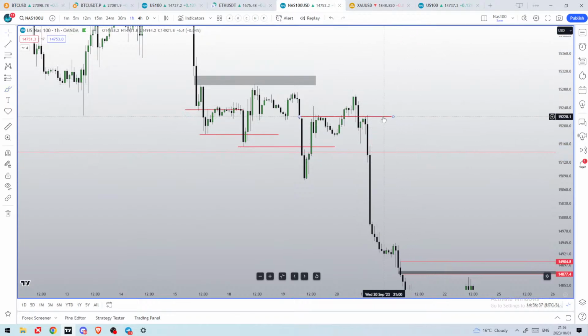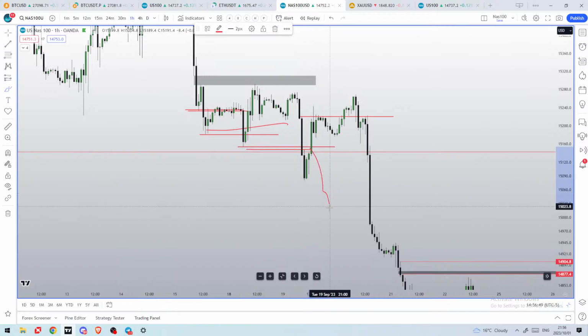Nope, not the case. Doesn't work like that. For me, what this is telling me is that if we are closing below here, here, and here, then price is telling me, hey, look, I want to go lower. But I think I want to head a bit higher and grab a bit more liquidity before I head lower.